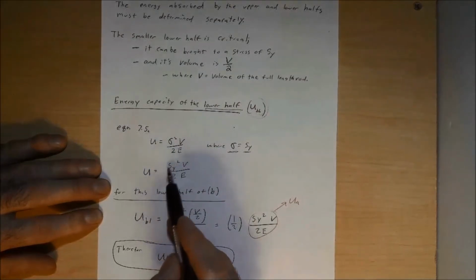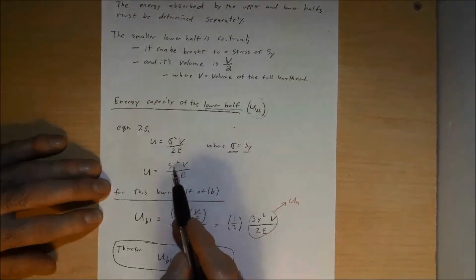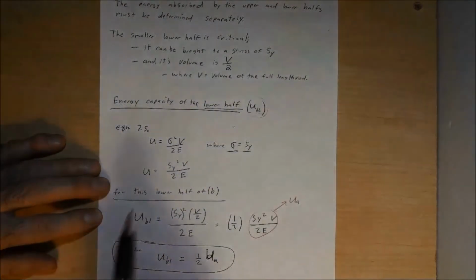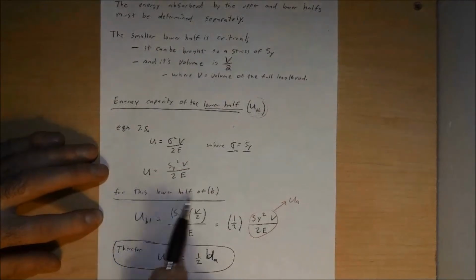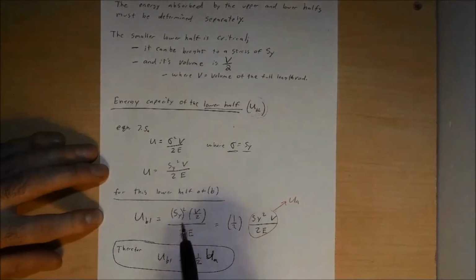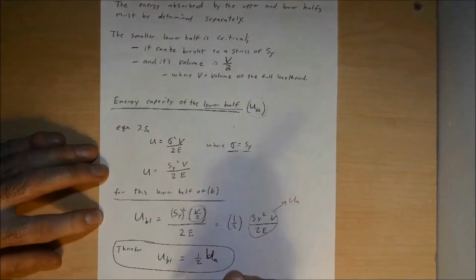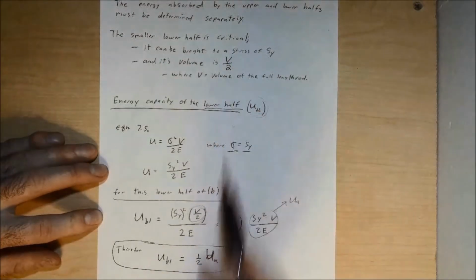U is then equal to S sub y squared times V divided by 2E. So volume, modulus of elasticity, yield strength. Again, for this lower half of part B, I use this notation, U sub BL. I have this equation here, but now we also have this relationship for volume from above, based on our geometry.